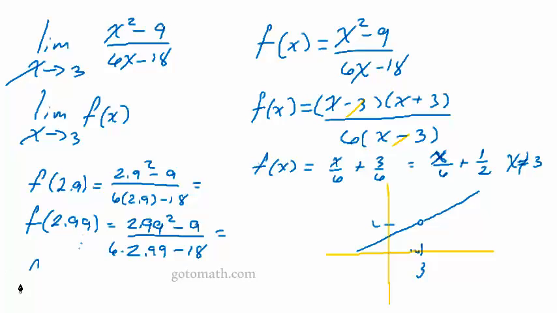Of course, we'd want to come in from the right-hand side, and we'll start with 3.1 and plug that in: squared minus 9 over 6 times 3.1 minus 18. Then continue to do that, 3.01, 3.001.